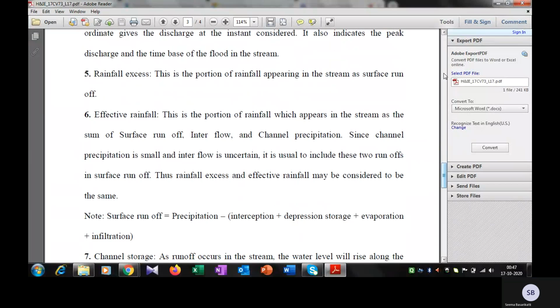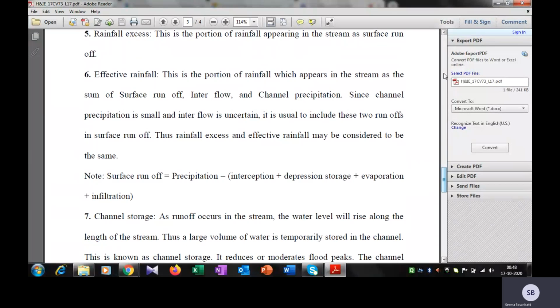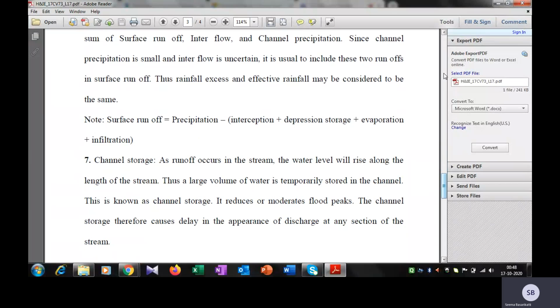Since channel precipitation is small and interflow is uncertain, it is usual to include these two runoffs in surface runoff. Thus, rainfall excess and effective rainfall may be considered to be the same.